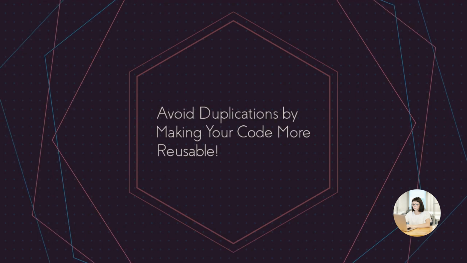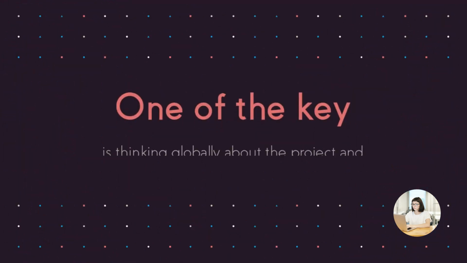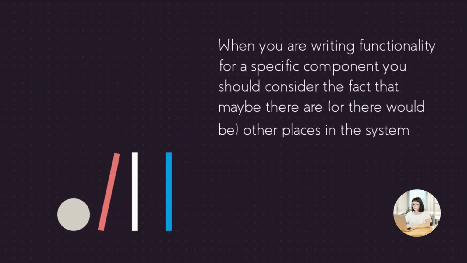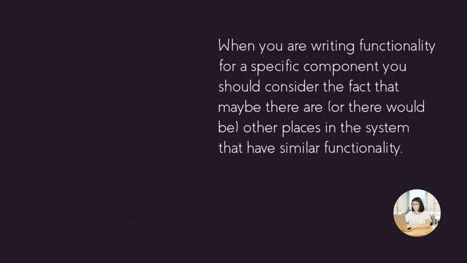Avoid duplications by making your code more reusable. One of the key traits of an advanced developer is thinking globally about the project and its maintenance. When you are writing functionality for a specific component, you should consider that maybe there would be other places in the system that have similar functionality.